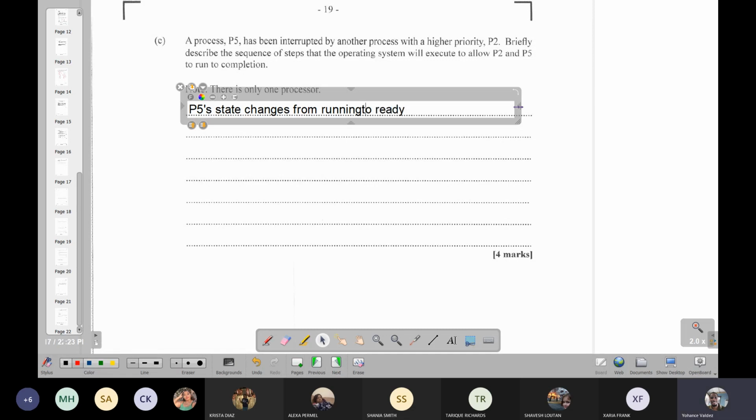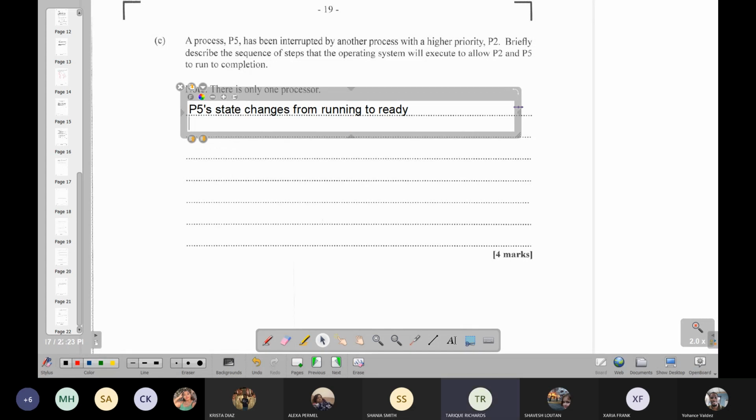And then P2's state would change from ready to running.